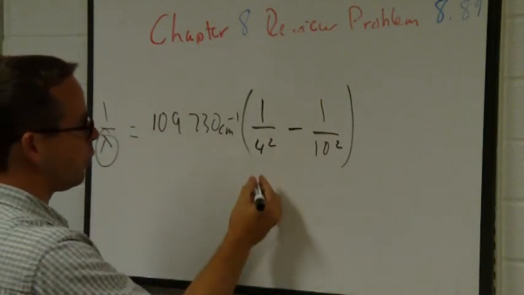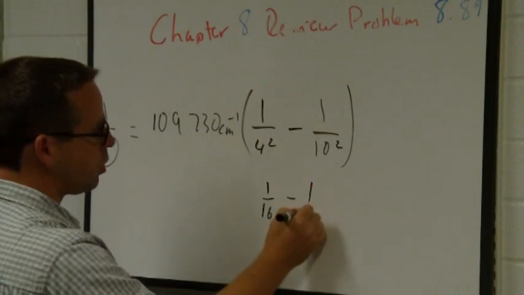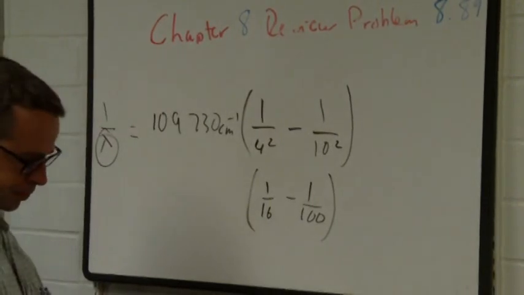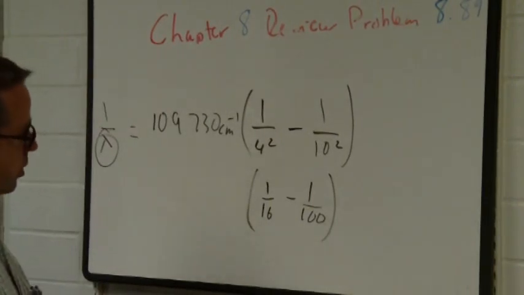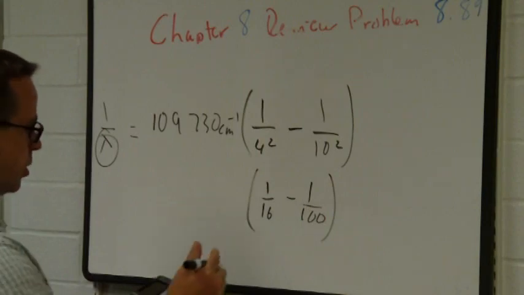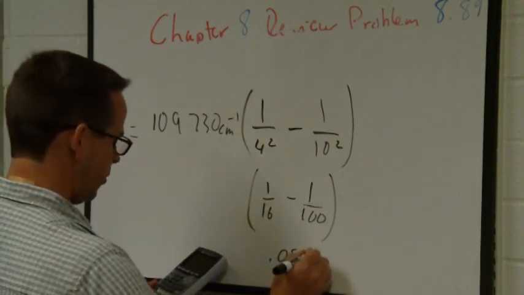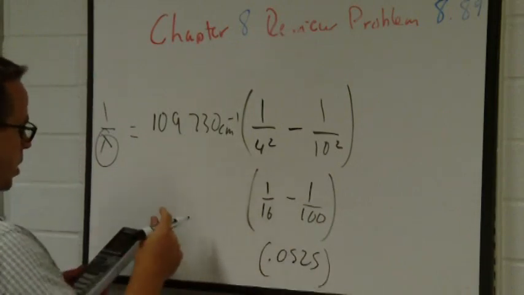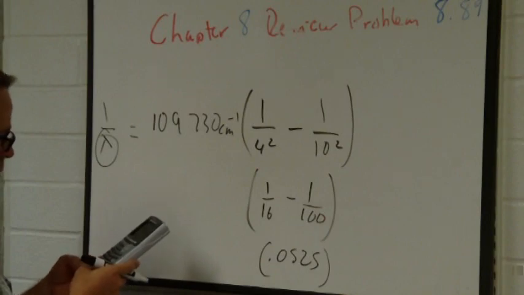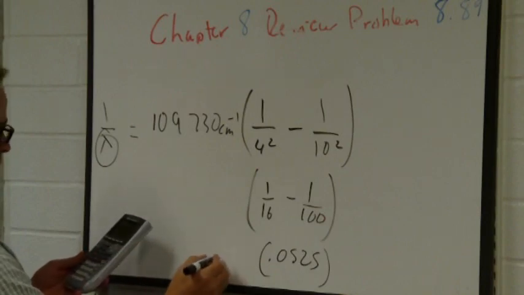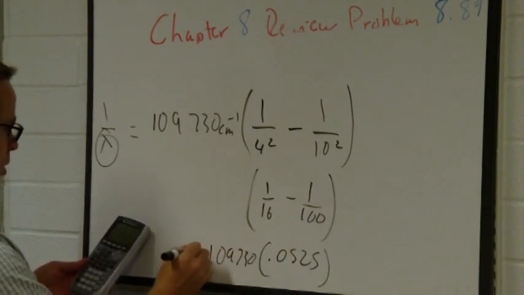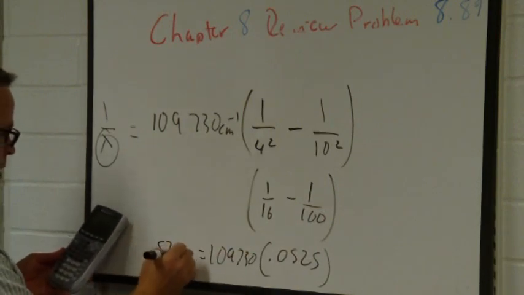So 1 over 4 squared, 1 over 16, minus 1 over 10 squared, 1 over 100. So 1 over 16 minus 1 over 100 is equal to 0.0525. Times that by 109,730, and this equals 5,760.